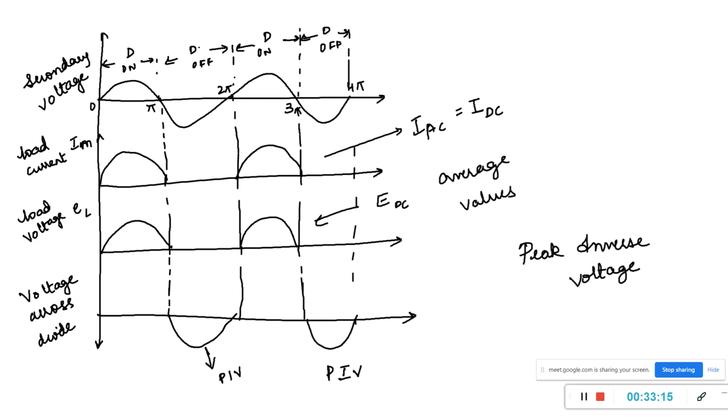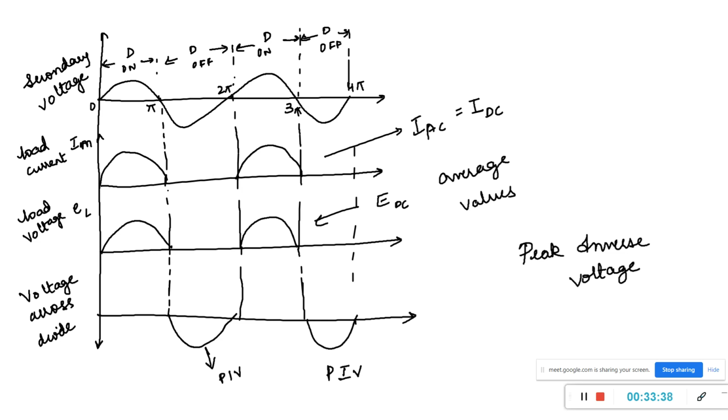When the diode is in reverse bias, the diode is off during the negative half cycle, so no current, no voltage. Next, similarly it continues, so voltage and current are shown in this, and when the diode is reverse biased, at that time the peak inverse voltage is shown here, you can see.